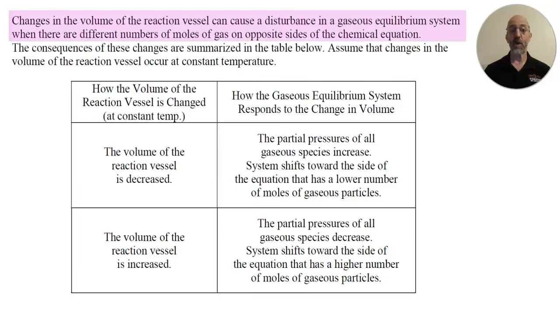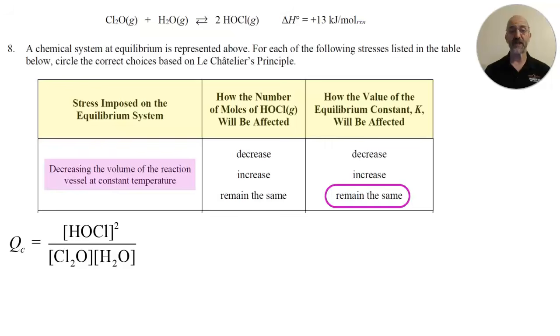But that's only when there are different numbers of moles of gas on opposite sides of the chemical equation. If we have 1 mole on one side and 2 moles on the other, then there would be a shift. Or if we have 2 moles on one side and 3 moles on the other, there would be a shift. But take a look at this balanced equation.